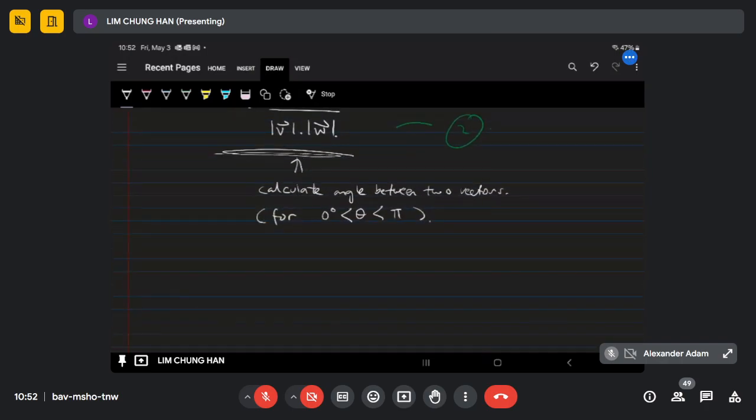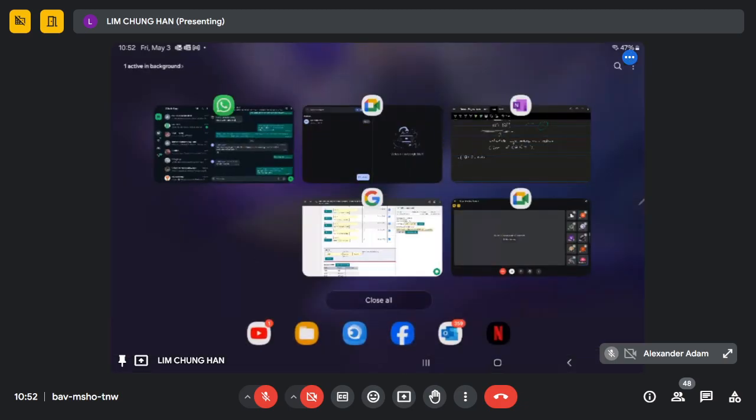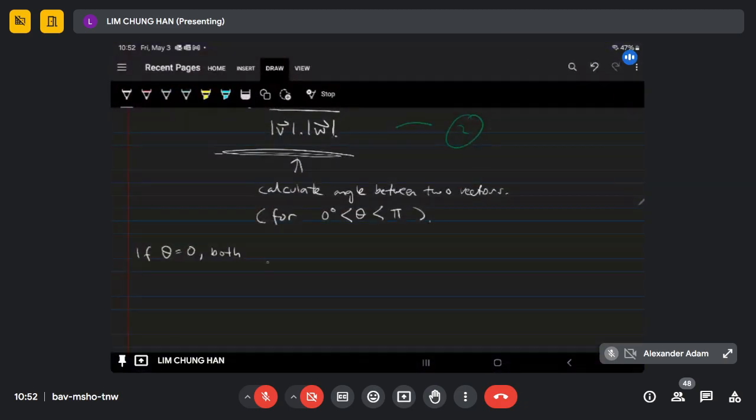Next, if theta is 0, what that means is both vectors are parallel, because the angle between them is 0.